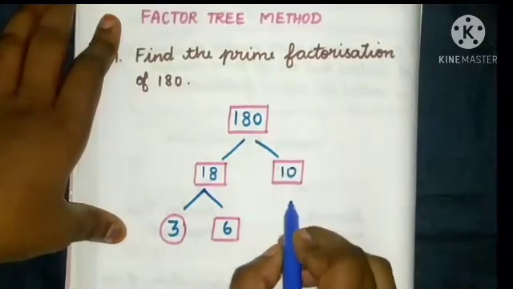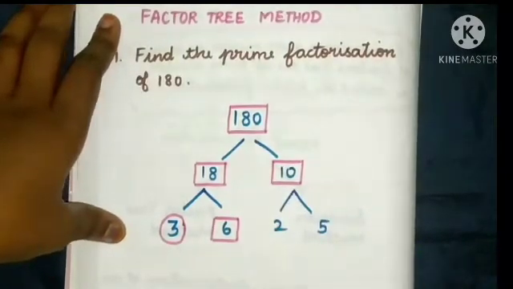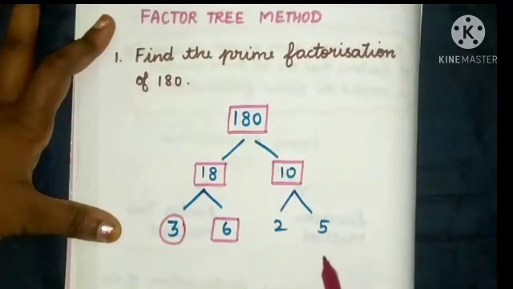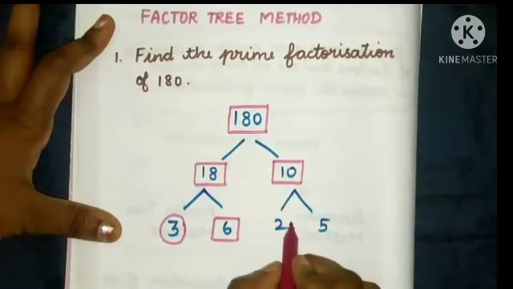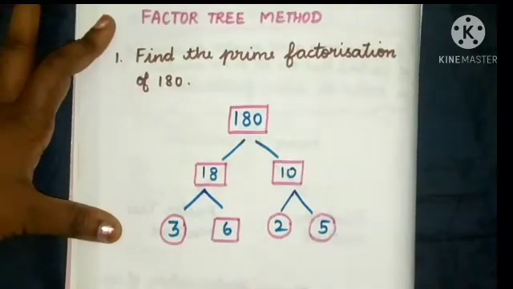Then for 10, 2 into 5. Here 2 is a prime number and 5 is also a prime number. So put circles here.